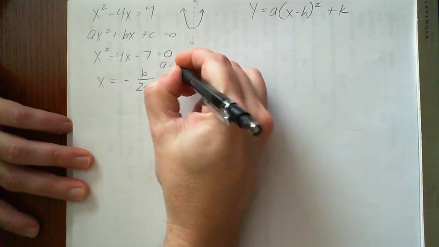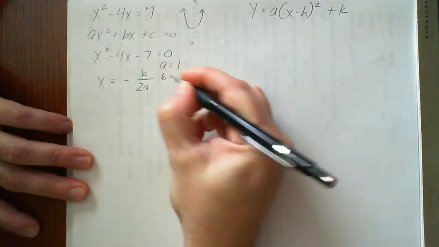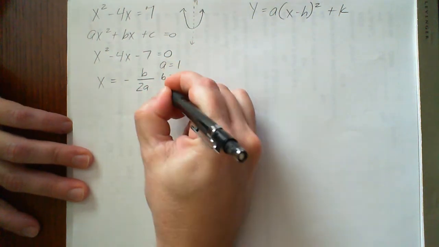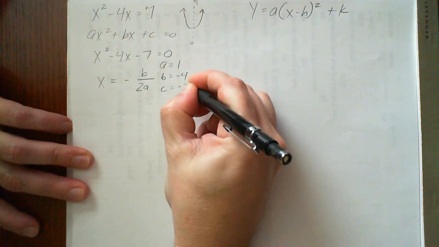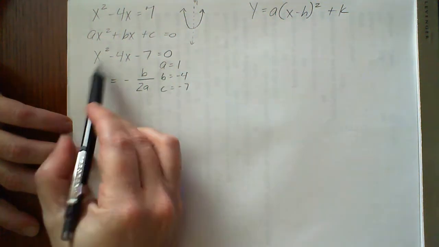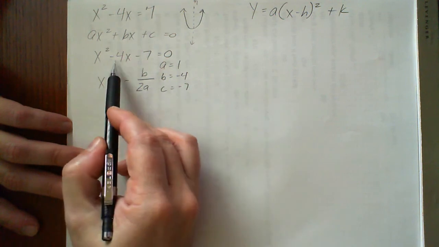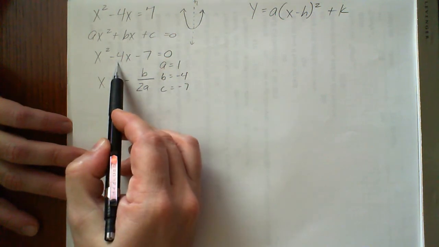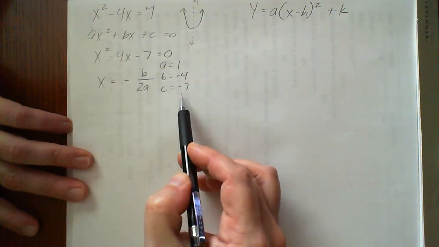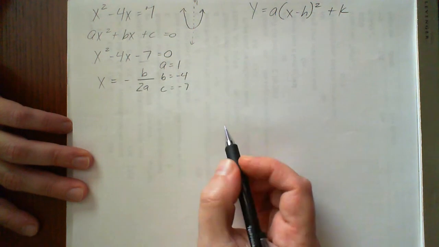We don't really need the C value here, but just out of habit, I always write all the values down. So A is 1, meaning the coefficient of the x squared term. B is negative 4, meaning the coefficient of the x term. And then C is negative 7, which is the constant over here.